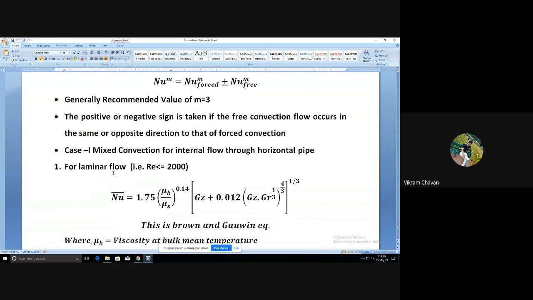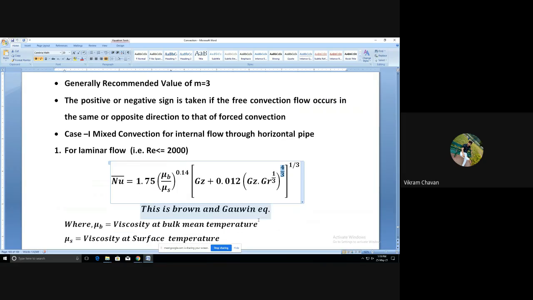Here the power factor inside the bracket is only for Gr, and then the whole bracket is complete. Another power factor is for Gz and Gr, raised to 4/3, and once again the square bracket is complete and the square bracket is raised to 1/3.